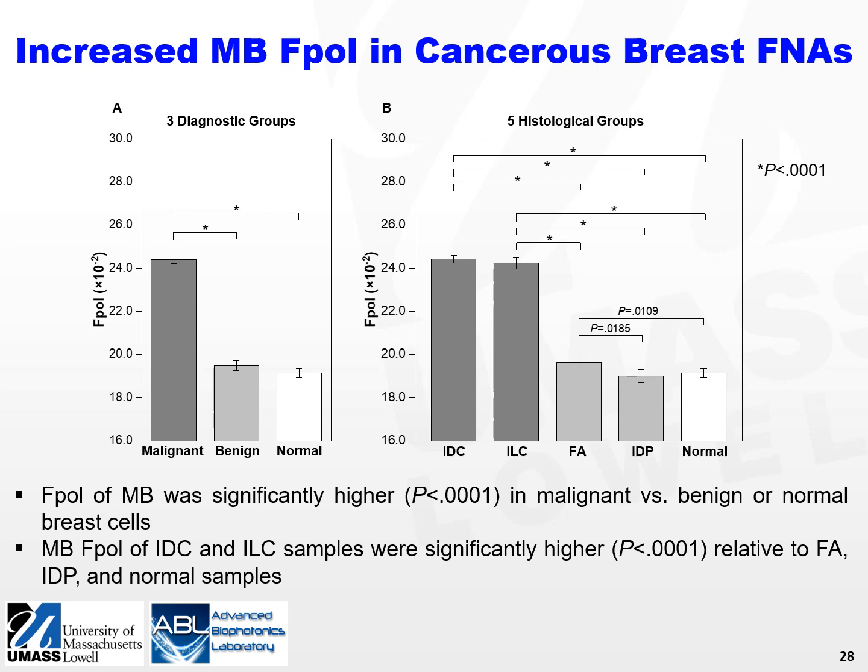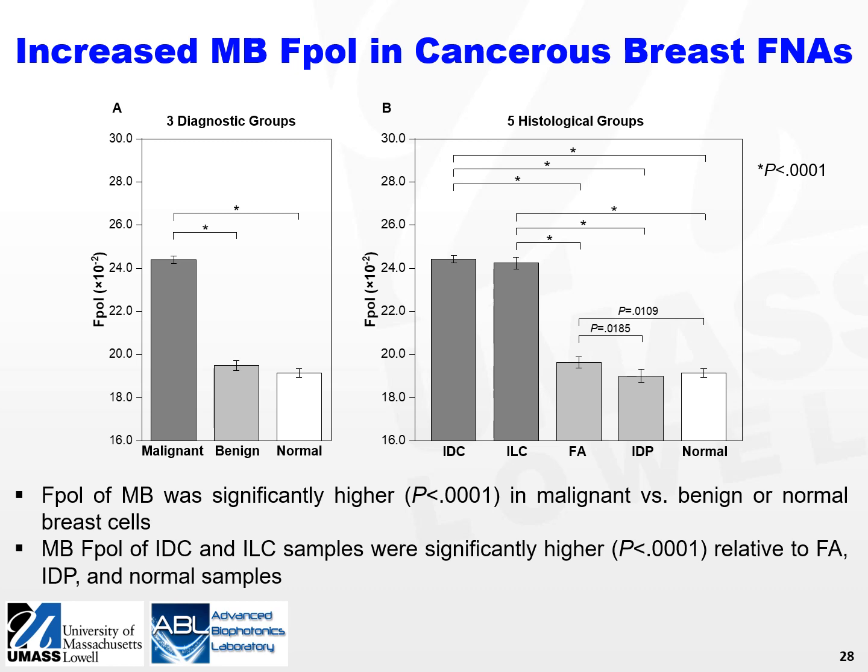For statistical analysis of results, we grouped the cells into 3 diagnostic categories, including all malignant, all benign, and all normal cells. We found that fluorescence polarization of methylene blue was significantly higher in the malignant group versus the benign or normal groups.